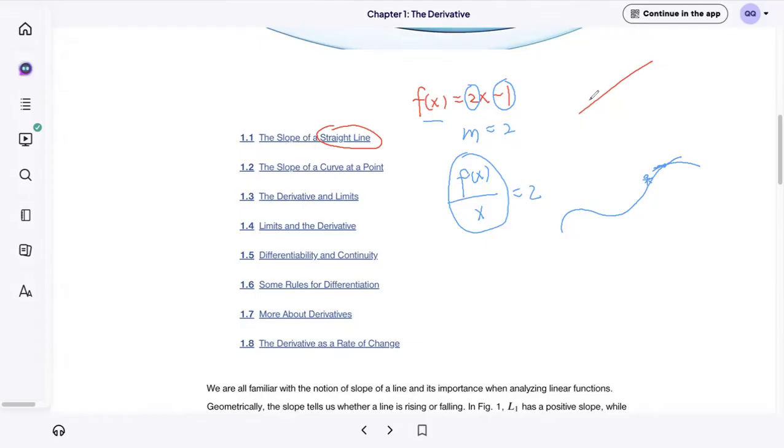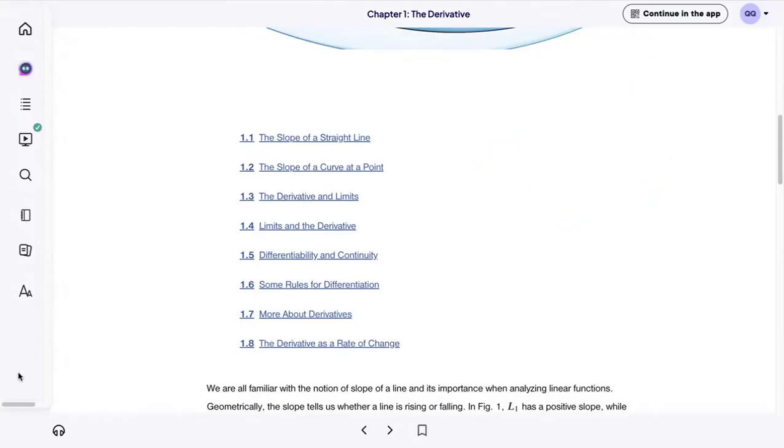If it's a straight line, if a person is walking from here to here, the speed is the same, right? Because the slope is 2, it will never change. Okay, we'll talk more about that. Now let's go to each section.